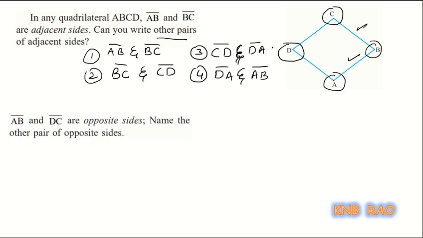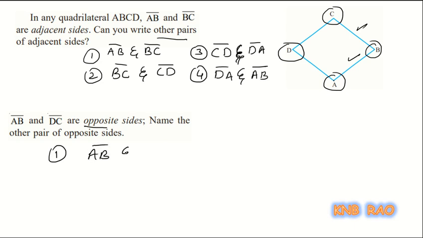Now, coming to the opposite sides of a quadrilateral. Whereas in a triangle we don't have opposite sides, in a quadrilateral we have got opposite sides. Side AB and side DC have no common endpoints, so they both are opposite sides. Do you have any other? Let us name them.